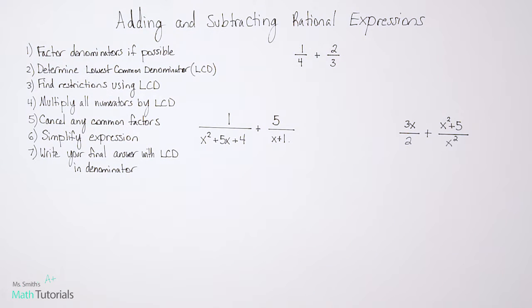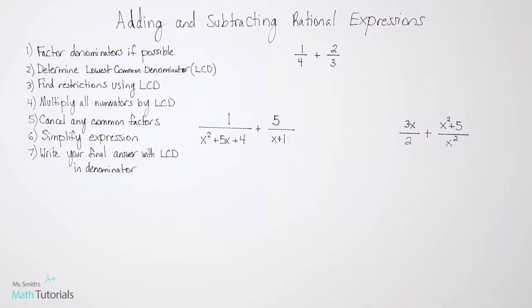The first thing we need to figure out is what is our least common denominator, our LCD. So when we're looking for the LCD of two numbers, we're asking what's the lowest number that both of those numbers multiply into. So we would want to think about, okay, what are the multiples of 4? And what are the multiples of 3?